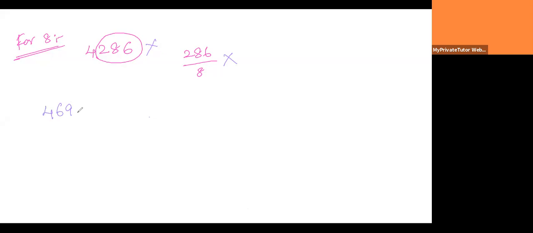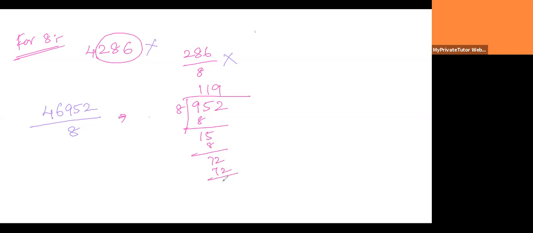46,952. Is it divisible by 8? Let's check. Let's take the last 3 digits, 952, and divide by 8. 8 ones are 8, and then 8 nines are 72. We have a 9.